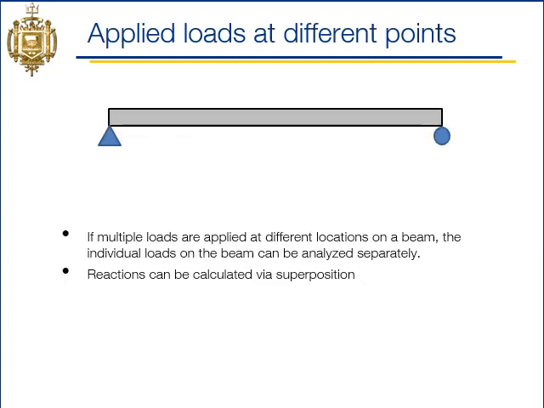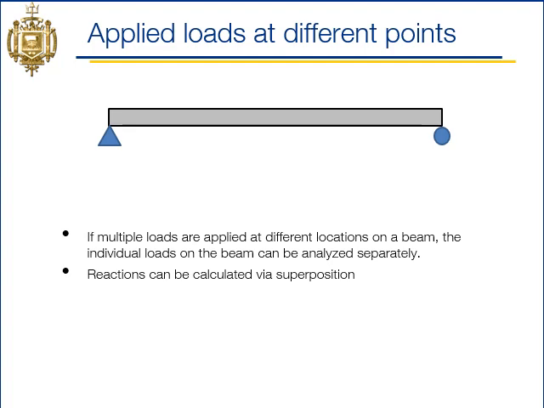So what if we have applied loads at different points, right? From our previous slide, we saw that to add things up using superposition, things had to be at the same location, right? But we can end up in scenarios where the loads aren't always applied at the same place, but in our linear system of our beam, our reactions are still at the same place.